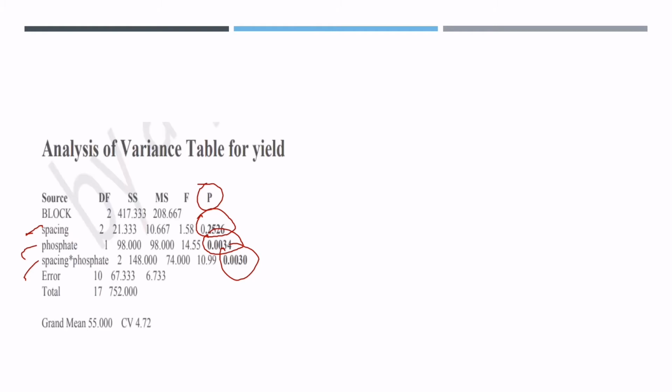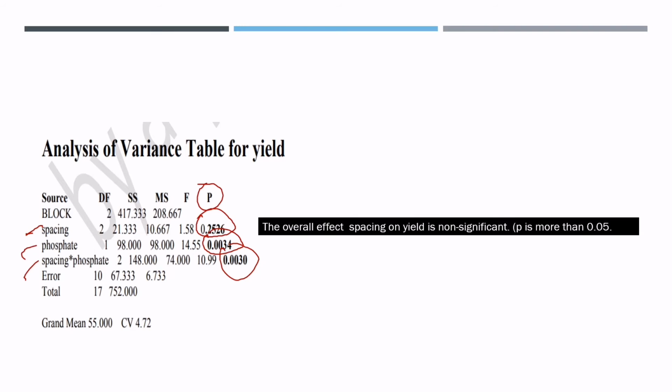After pressing OK, the ANOVA table will appear. Here just check the p-value. For spacing, the p-value is more than 0.05. You can see here it is 0.2526. Thus, there is no need to apply the LSD test for spacing.